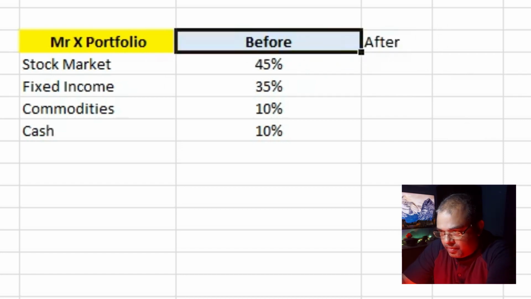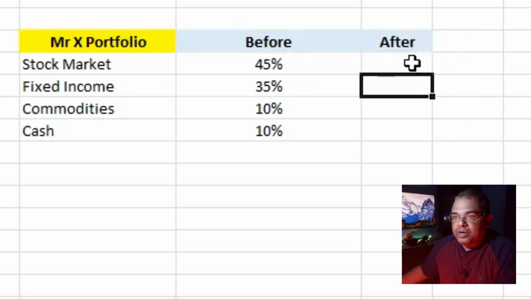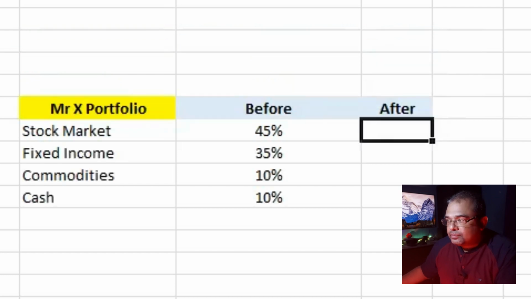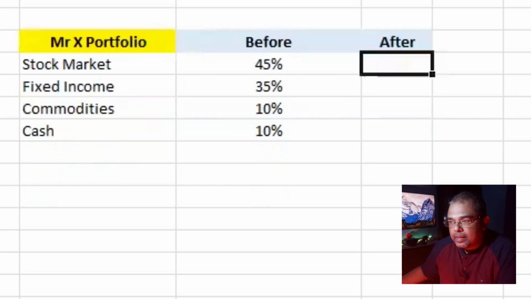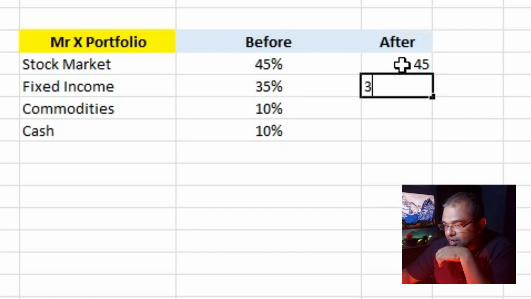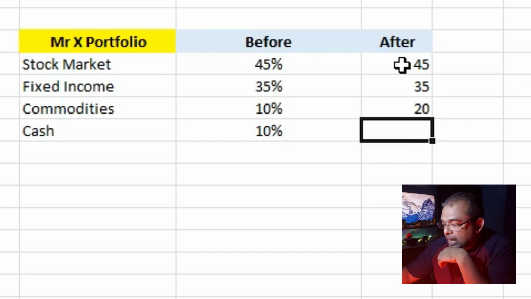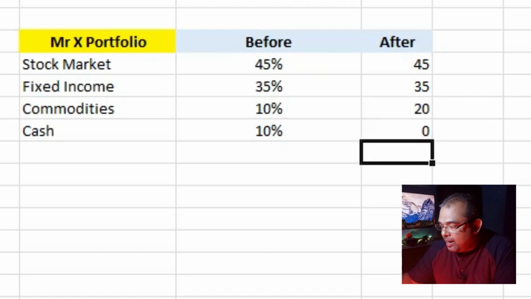Now, after the opportunity comes in, what he does is, he keeps the same 45% here, he keeps the same 35% here, he puts in the excess cash that he had at hand into the commodities. Why? Because he sees a demand for a certain commodity is set to increase over the next 2 years.